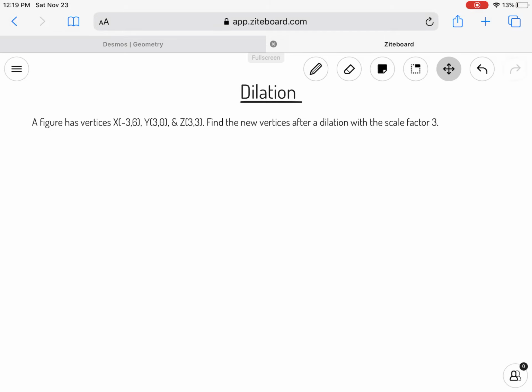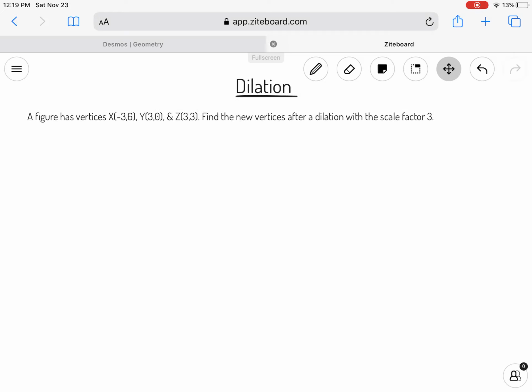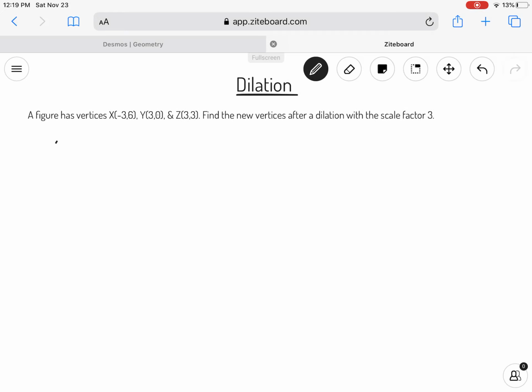So if we call k our scale factor, which in this case is 3, but for now I'll just use it as a generic k, and I have a point x, y, then my new point is determined by taking each coordinate and multiplying it by the scale factor.